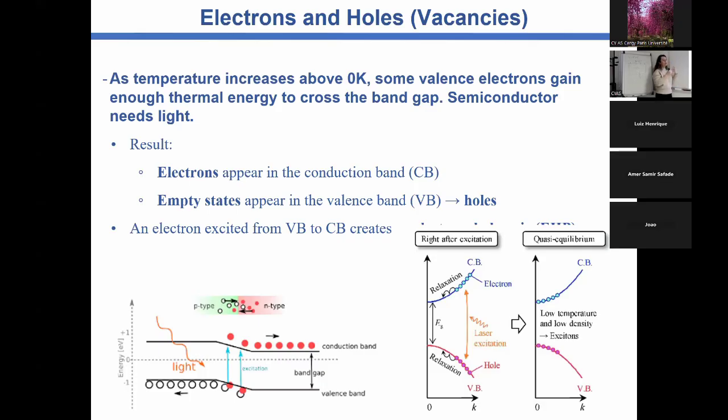In terms of Coulombic interaction, you can think that the electron is negative and the hole is positive, so they are bound and form what we call an exciton, because they have this binding energy.